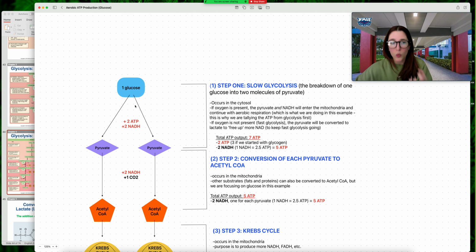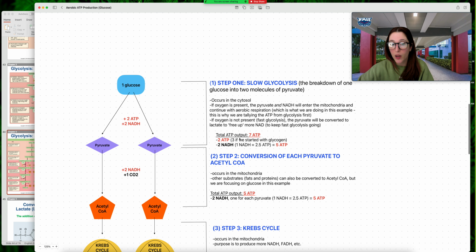And when we end with our 2 molecules of pyruvate, if oxygen is present, which is what we're talking about here, both the pyruvates and the NADH that we make will be shuttled into the mitochondria to get converted to acetyl-CoA and continue with the rest of the steps. So step 1, glucose gets broken down into 2 molecules of pyruvate. Along the way, we make 2 ATPs and 2 NADH.